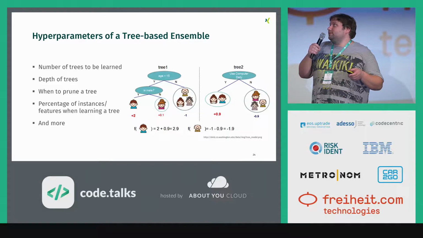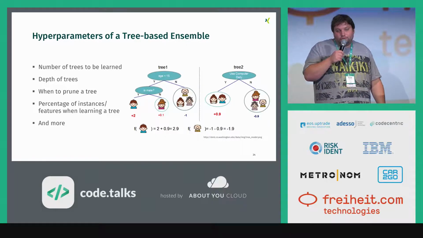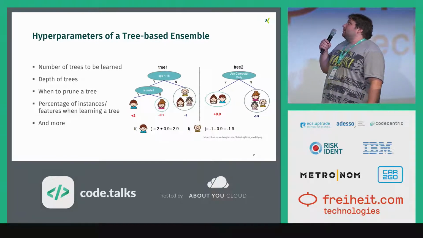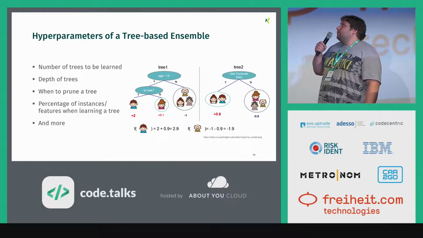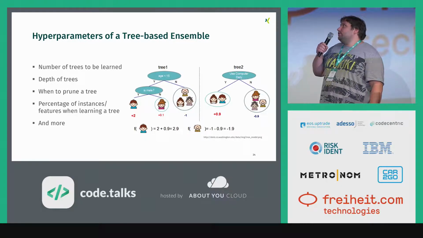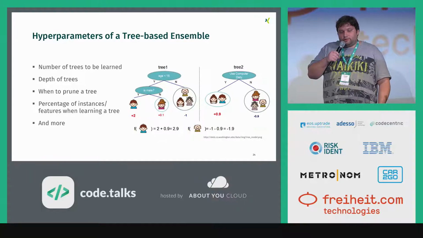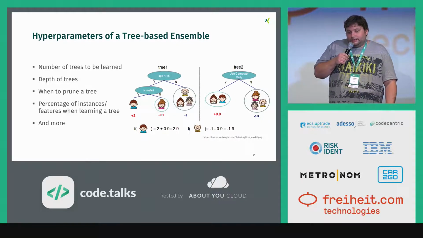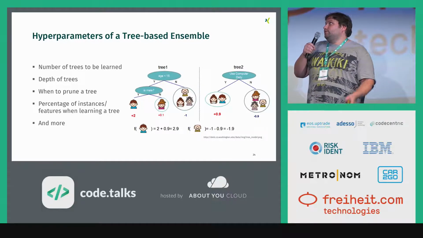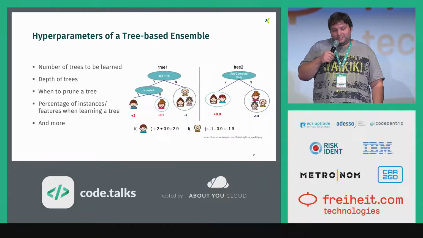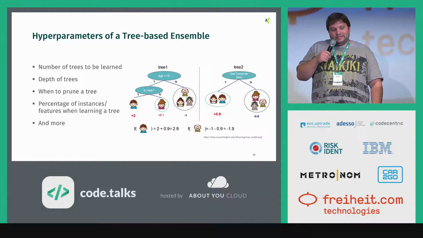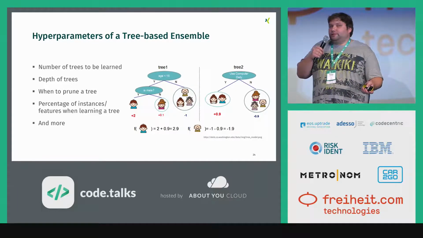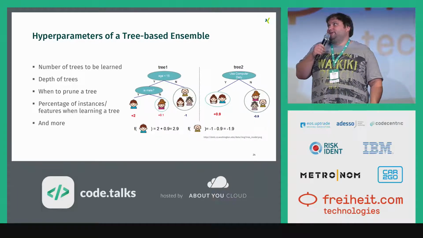So let's look at some of the examples. Here is a tree-based ensemble. For example, XGBoost, where you learn decision trees, or in this case regression trees, because they don't give a class at the end, but they give a value. Here you see that this ensemble is very small, just consisting of 2 trees, but that would be, for example, the first hyperparameter to be optimized.